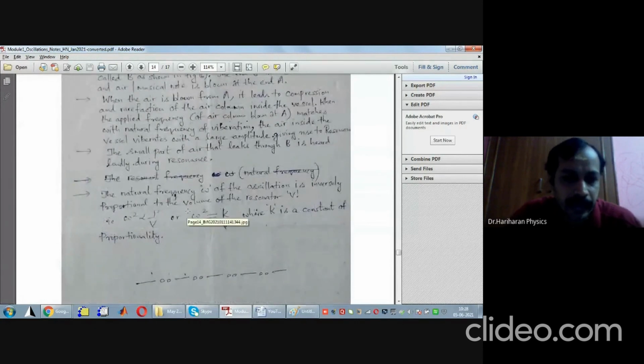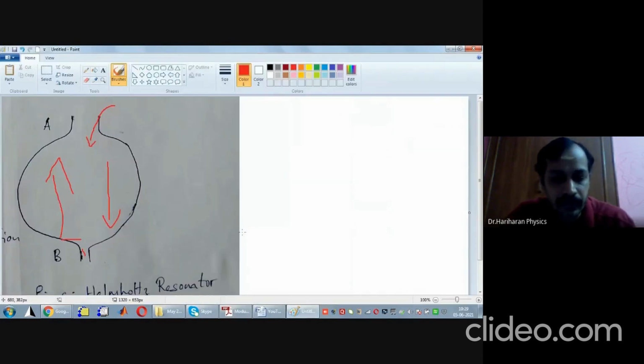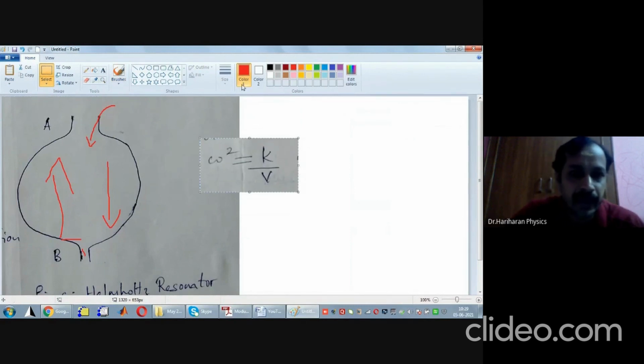So the natural frequency of vibration of the bottle will be given by this expression. It will be equal to the frequency with which it vibrates. That depends on the volume of the bottle. So the volume of the bottle is V. So you see that the natural frequency of vibration omega is inversely proportional to the volume of the bottle. Therefore, if the volume of the bottle V is known, then the frequency at which you get maximum amplitude can be evaluated using this expression.